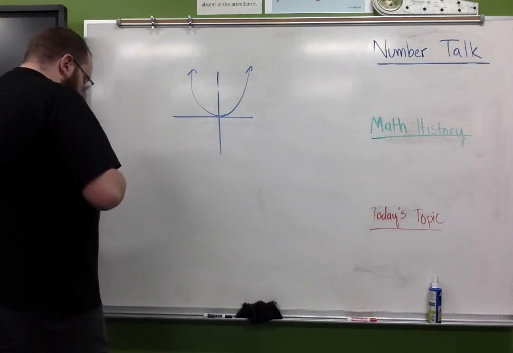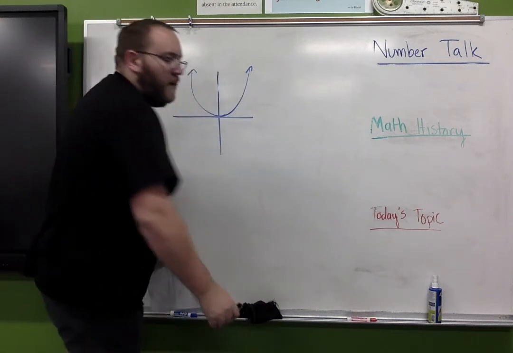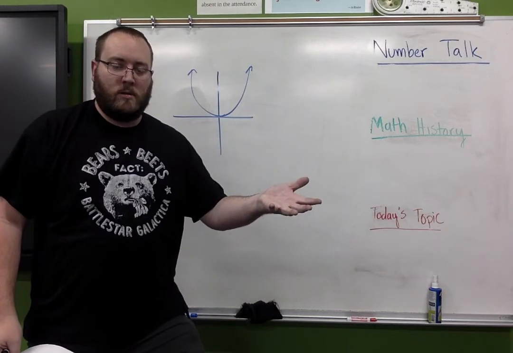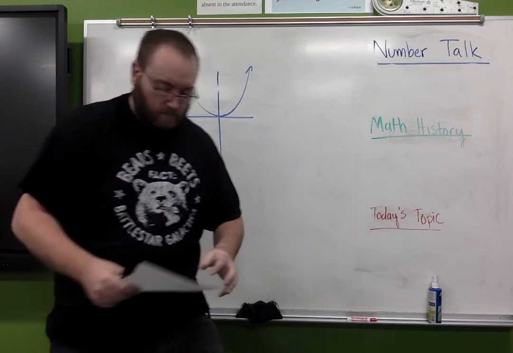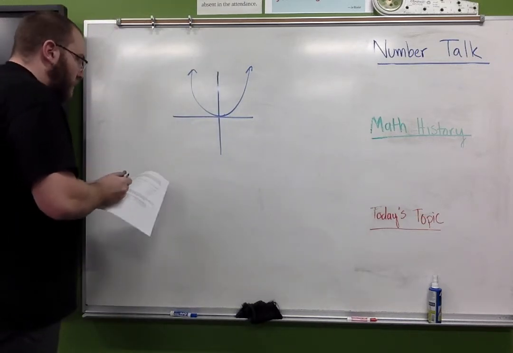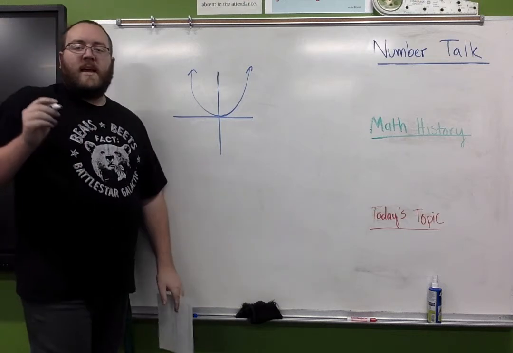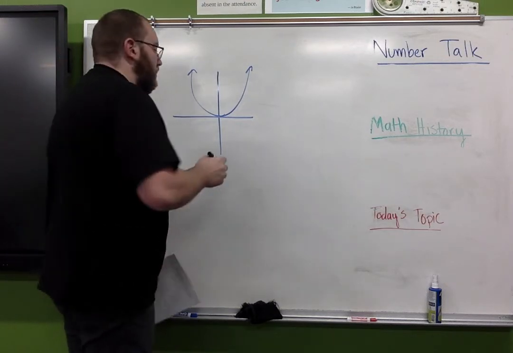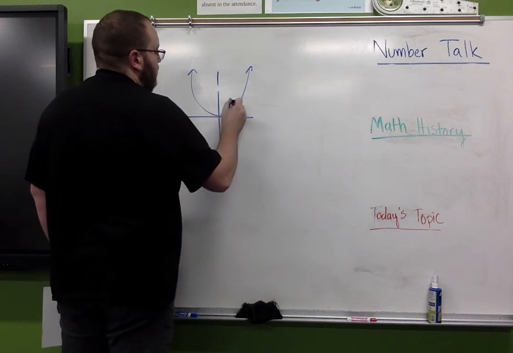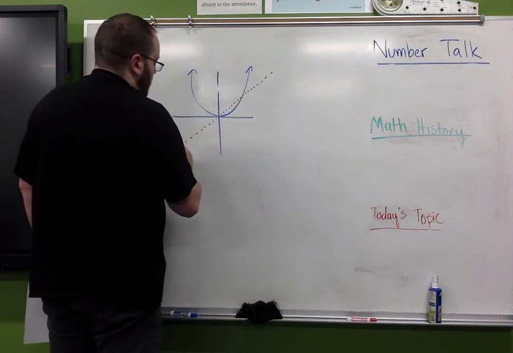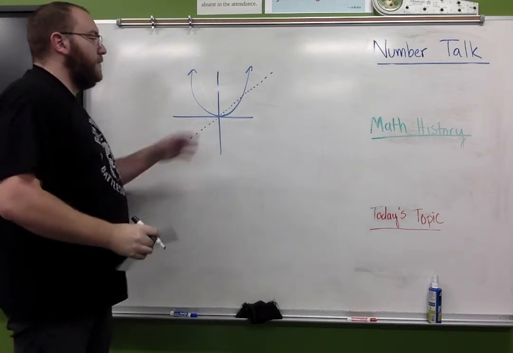Okay, now remember, an inverse function, the x and y values switch, right? They flip, they switch. So we're going to take a reflection over the line y equals x. So here's our line y equals x. It's actually a 45-degree angle line.